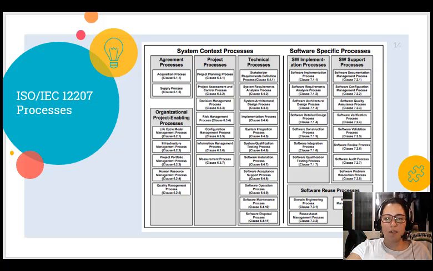The technical processes are used to define the requirements for a system, to transform the requirements into an effective product, to permit consistent reproduction of the product where necessary, to use the product to provide the required services, to sustain the provision of those services, and to dispose of the products when retired from service.